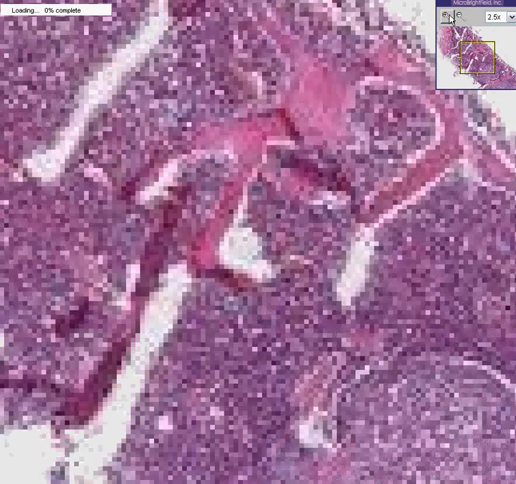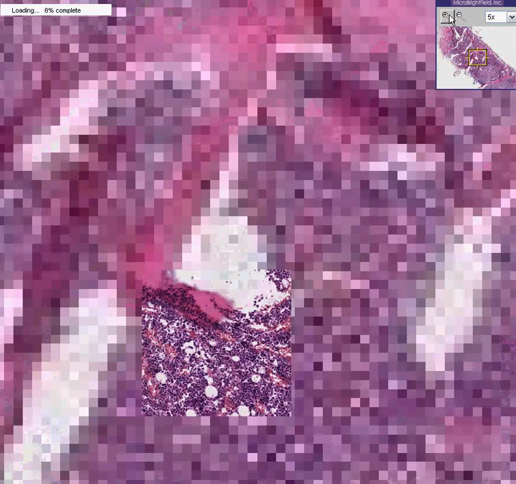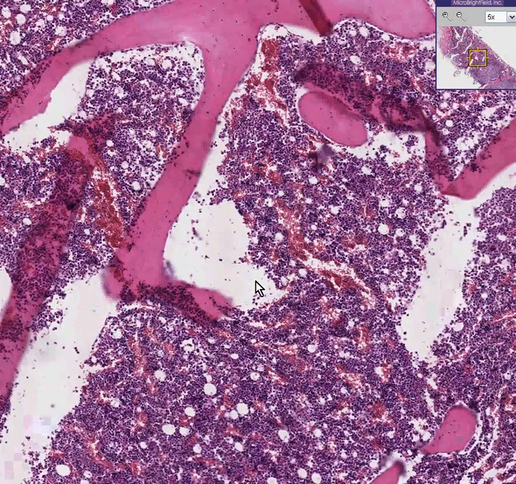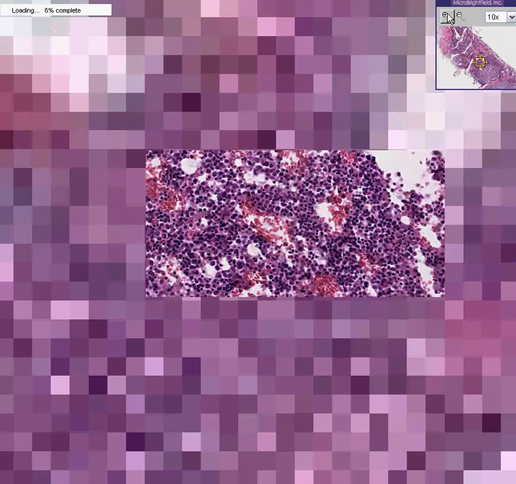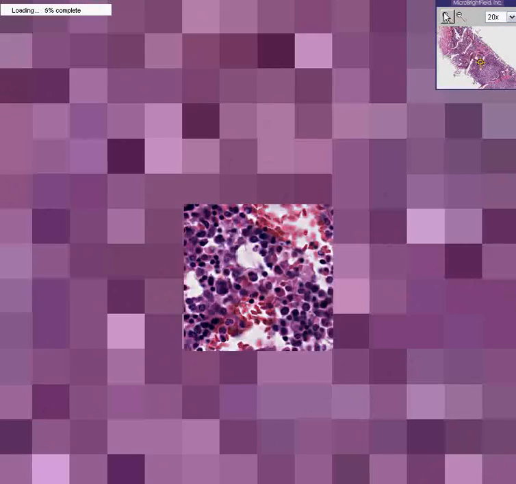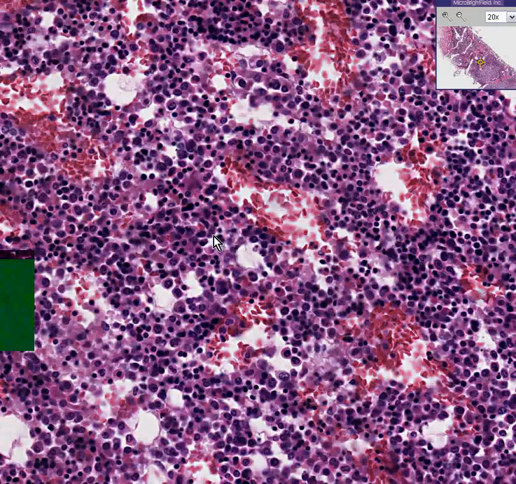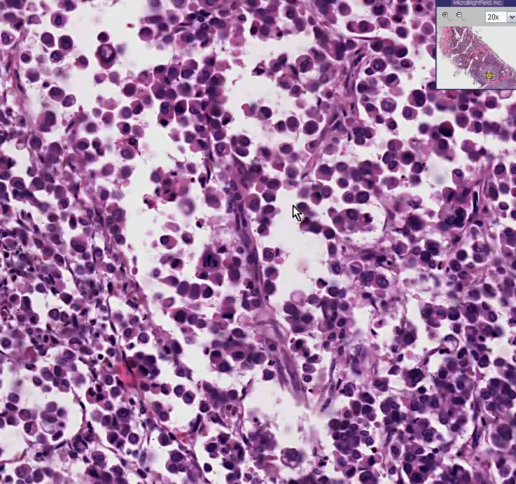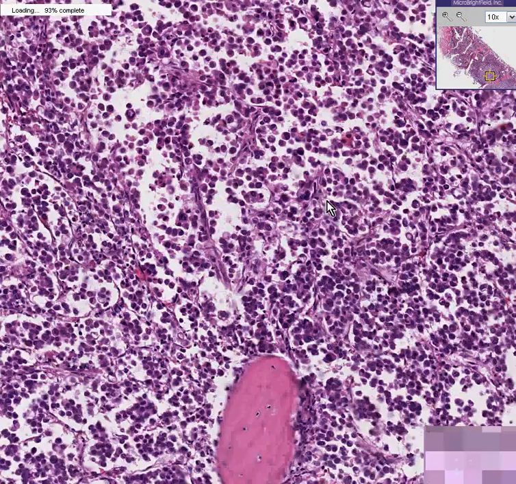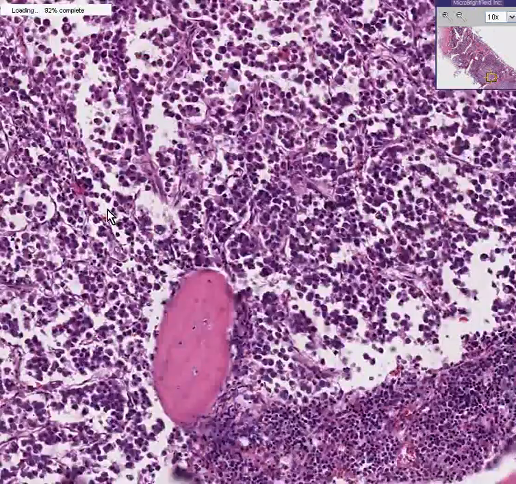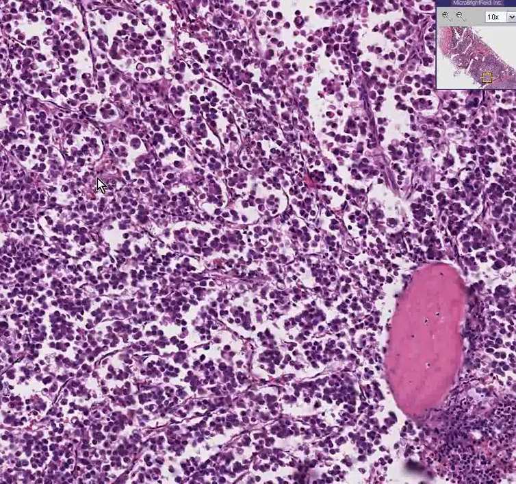if you take a closer look at this area, you can see that the cells in some areas may look a little bit heterogeneous, but in other areas they do not look like bone marrow cells at all.